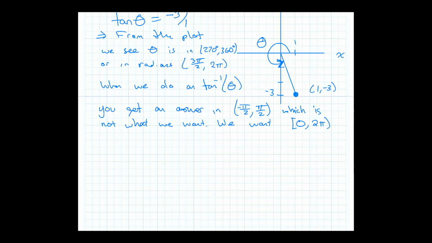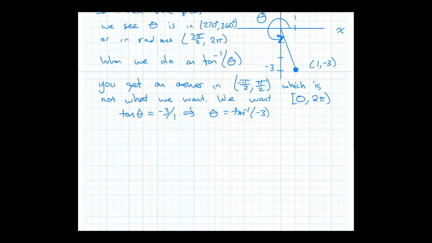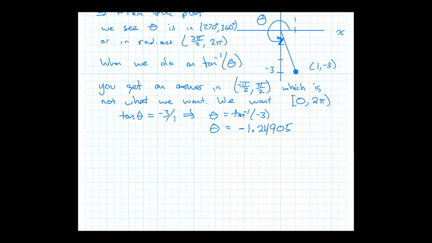That's what we want. So when I go from tangent theta equals -3/1, and I take the inverse, theta equals tan inverse -3, what I'm going to get for theta is -1.2490 whatever, something like that. That's not what we want.